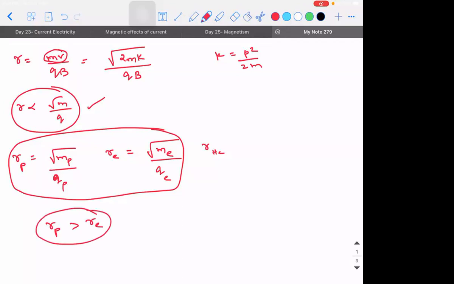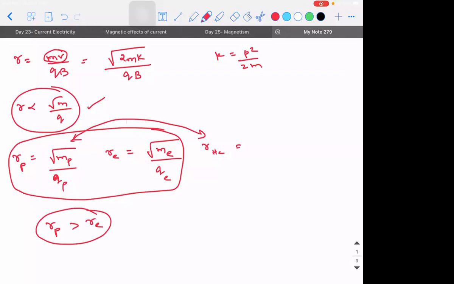Okay, this is over. So if you do the comparative study between the greater values, R helium and R proton, what do you get? How many protons are there in helium? 2 protons. There are 2, right? So what is the charge? What is going to be the charge of helium?